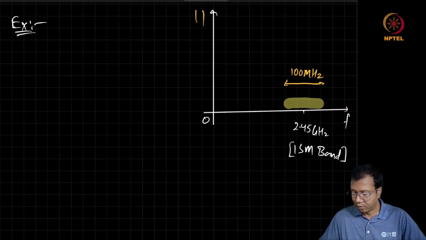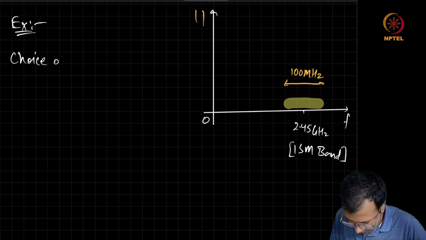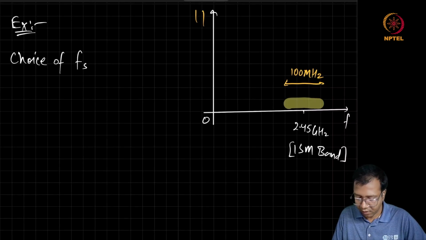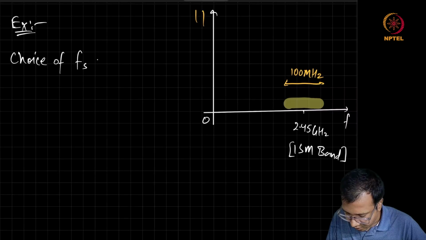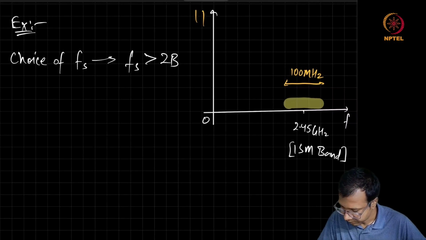Now, if we want to sample this signal without losing any information, we have multiple choices. One choice, which we saw in the earlier case, is that the sampling frequency Fs should be greater than 2b, where b is the bandwidth. In our case, it is 100 megahertz.